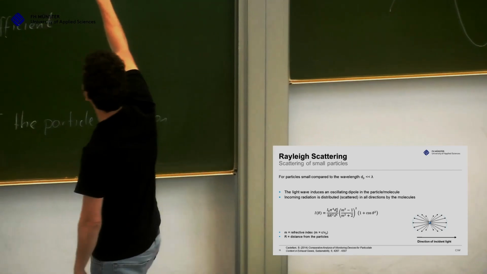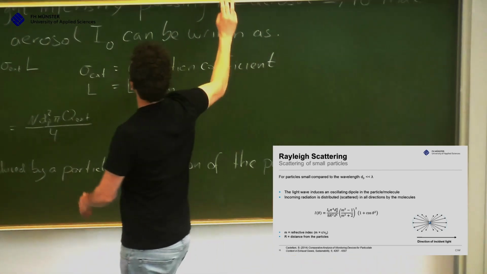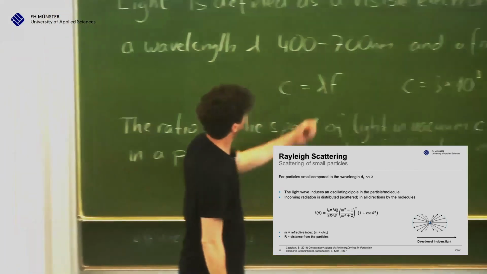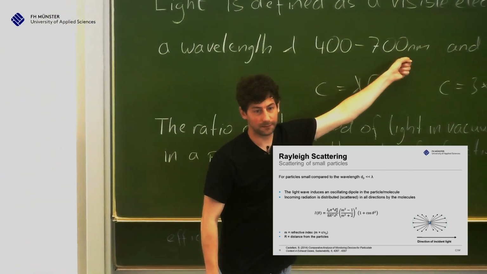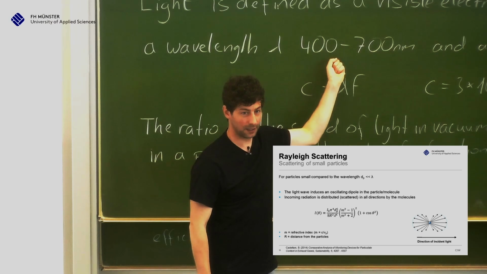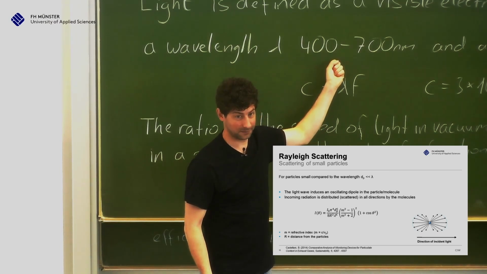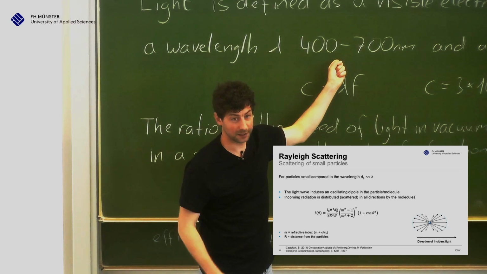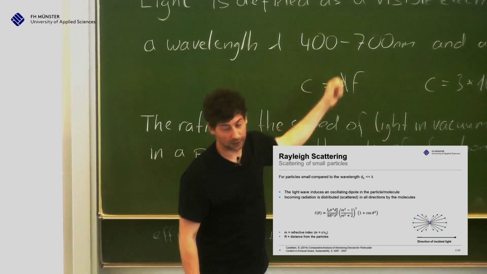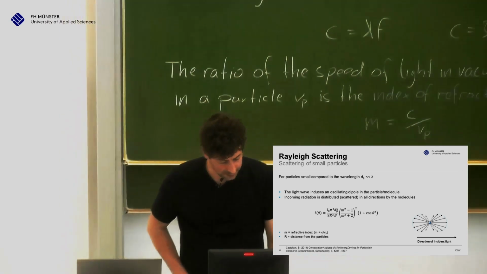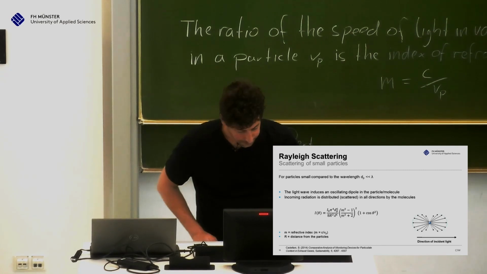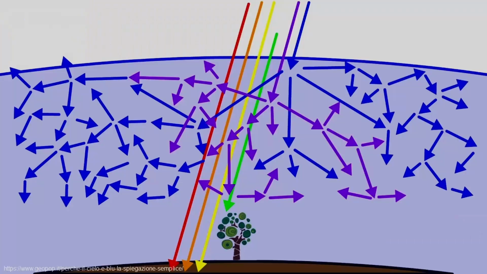We have the visible light. Where is blue? Here or here? Here, right? Is this scattered more or less? More. So this is why we see it. It's scattered. Okay. So you can calculate with this, or first I show you the explanation.